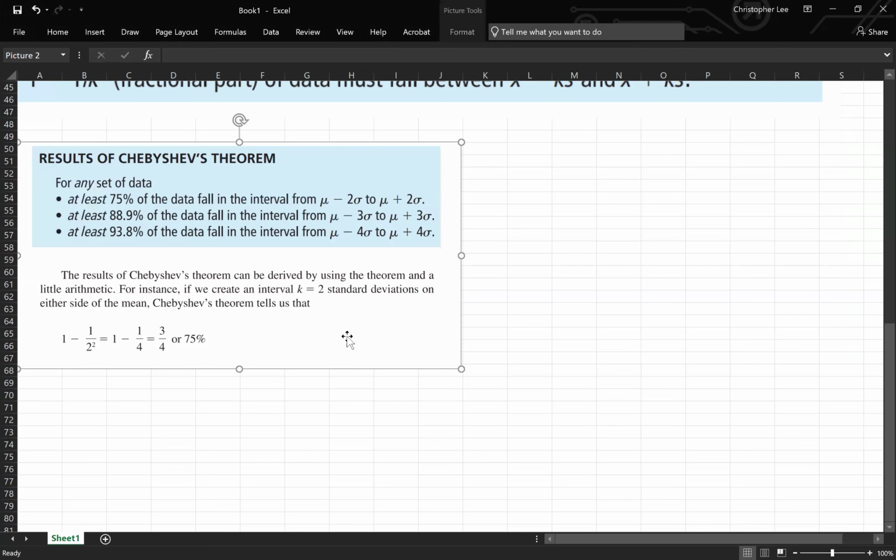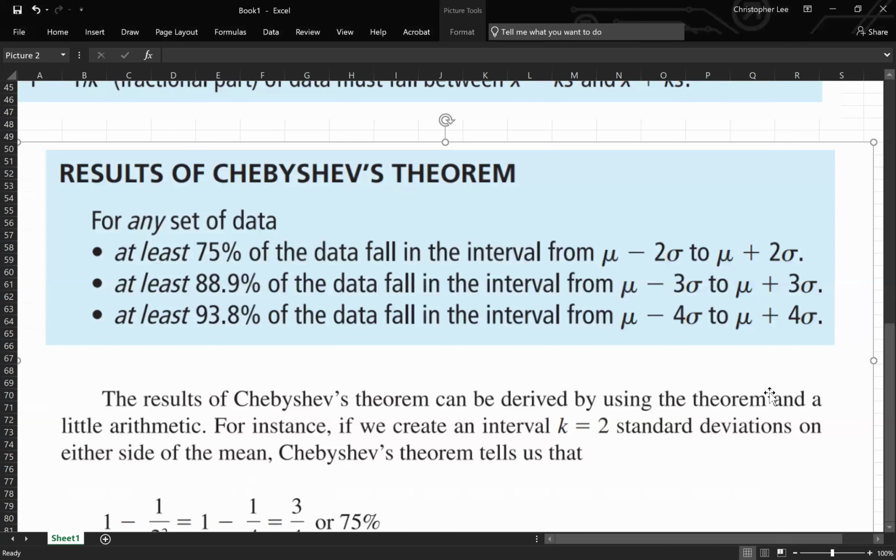But say I ask you something nice like this. For any set of data, at least 75% of the data falls in the interval from mu minus 2 sigma to mu plus 2 sigma. So whatever the mean is, whatever the standard deviation is, if I go two standard deviations to the left and two to the right, that middle portion is 75% of your data.